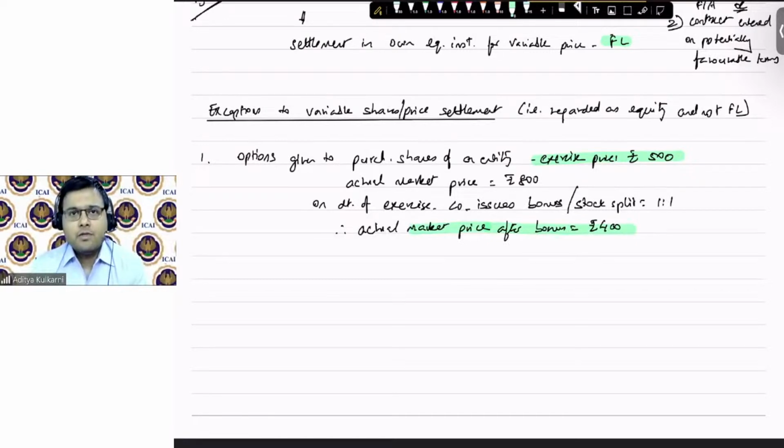But at the date of exercise, you will convert the existing shares into a stock split or bonus, and ultimately what will happen is our exercise price remains at 500, whereas the market price goes below exercise price. So we will not be able to exercise the option in this case.